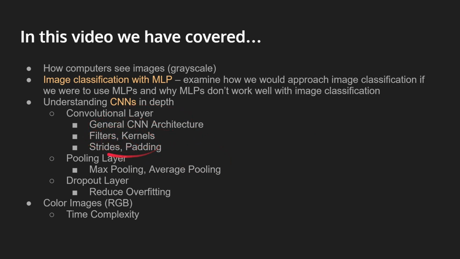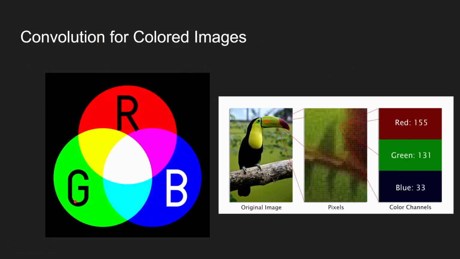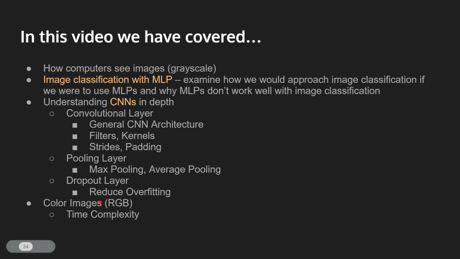These ones are hyperparameters for CNNs. Then we talked about max pooling layers and why we need those. We talked about dropout layers to reduce overfitting. And lastly, we talked about colored images, RGB, right? Okay, that's it for this video.